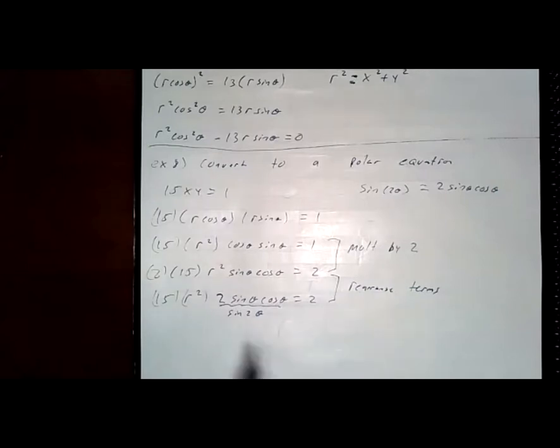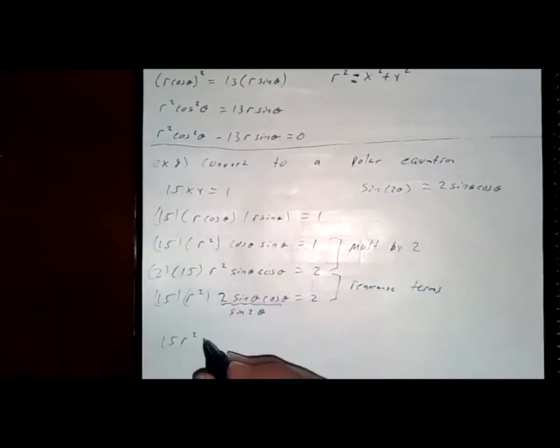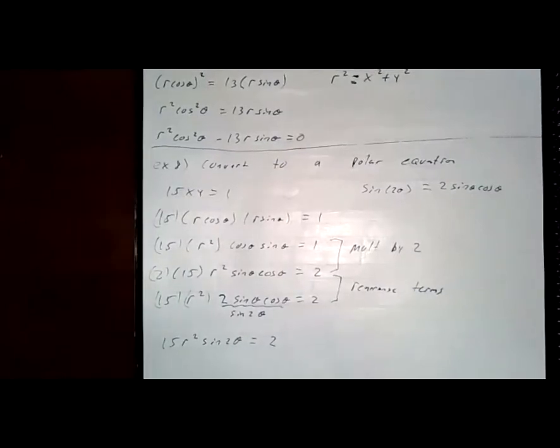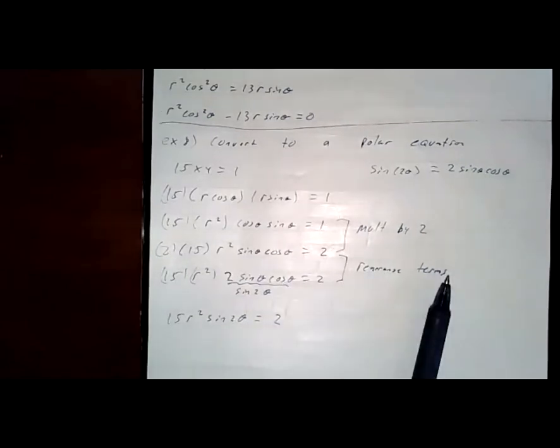Okay, so substitute it. Now we got 15r squared sine 2 theta equal to 2. I don't think we can go much further. You could set it equal to 1, I guess, divided by 2, but I think that's fine.